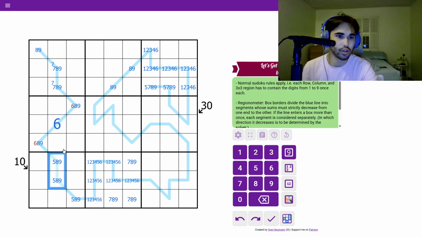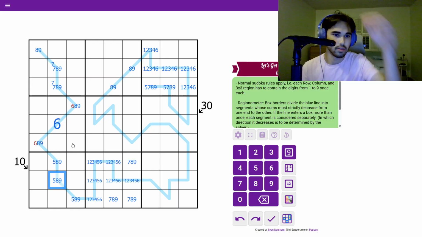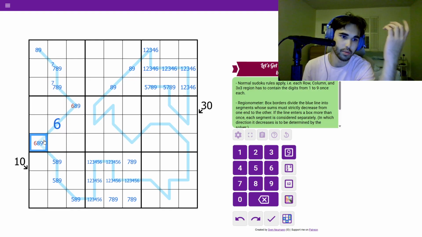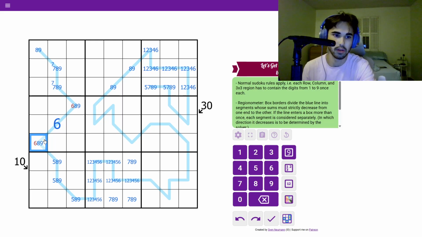And then we have a virtual 8, 9 pair between these cells. It is a 5, 7, 8, 9 quadruple, I think. It is. It was a 5, 6, 7, 8, 9 quintuple, essentially, but I just didn't see it the whole time. Okay. So that's a naked 8, 9 pair.